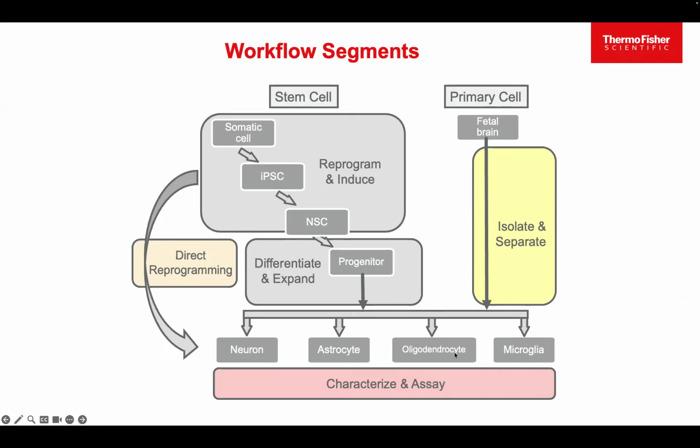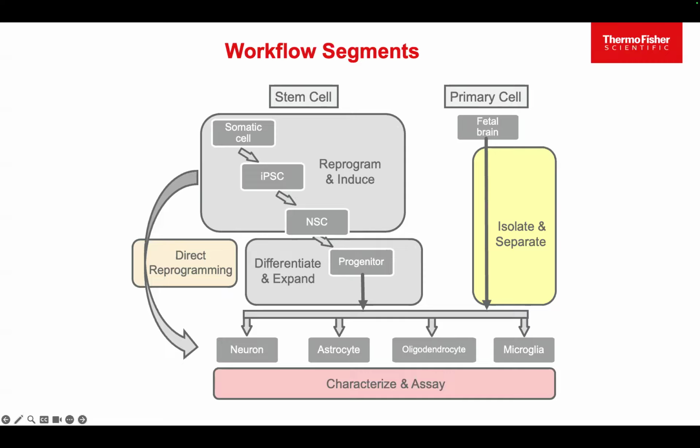On the left here, the stem cell pillar, as you might imagine, is a bit more involved, but allows you to really tailor and optimize that experience. Starting at the top in the gray box here, we begin, as we've talked about throughout the course, by reprogramming somatic cells into iPSCs. We then derive our neural stem cells, or NSCs. This is really the first step in producing actual neural cell types from pluripotent stem cells.